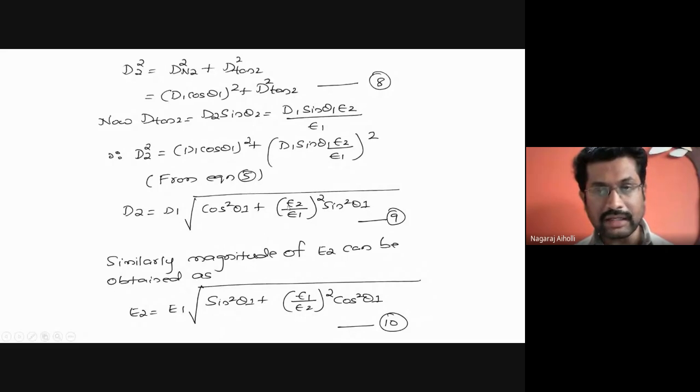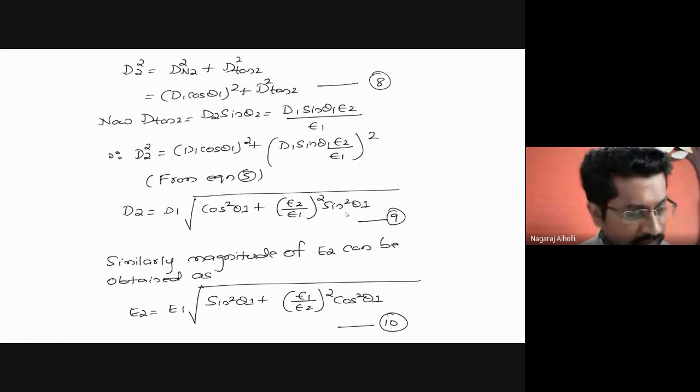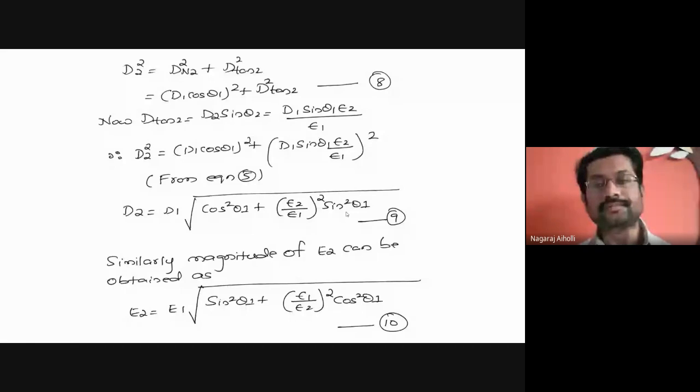Then if we make theta 1 as 0 here, what will be D2? If I make theta 1 equal to 0 in this equation, equation 9, what will be D2?